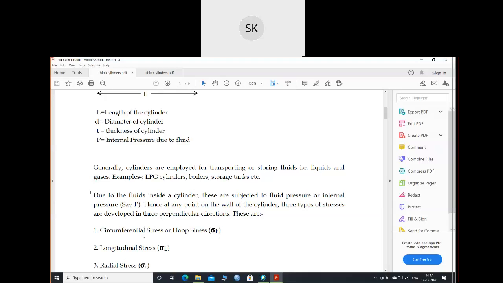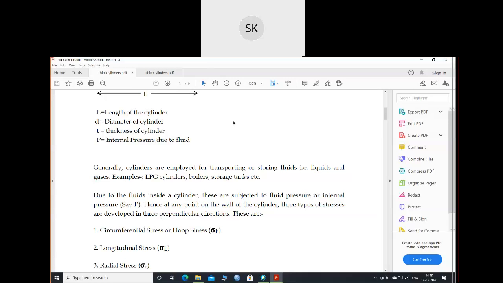Due to the fluid inside, say in LPG there is some nitrogen, boilers, storage tanks, mainly in refineries, they store liquid or sometimes gas. So, due to those fluids and gases, these are subjected to fluid pressure, or internal pressure. Just take an example of your Coca-Cola can or Pepsi can. In that can you will have fluid, and that fluid will exert pressure on the walls of the can.